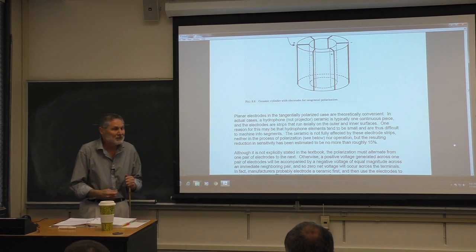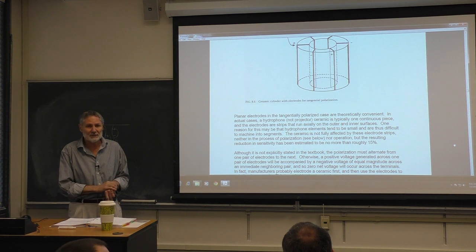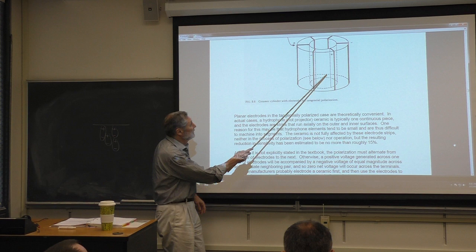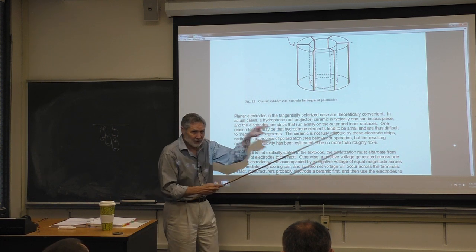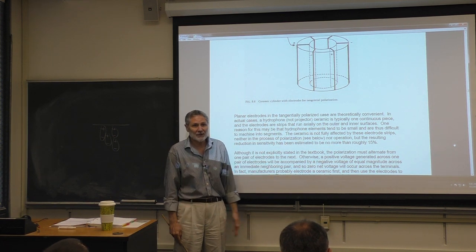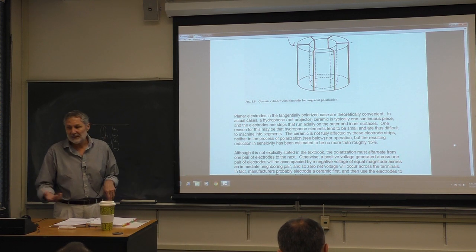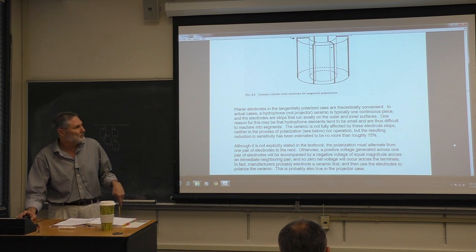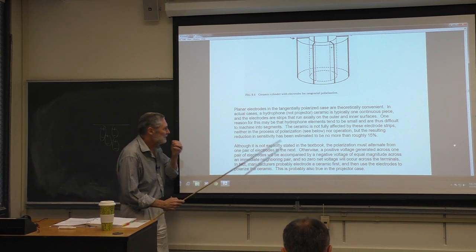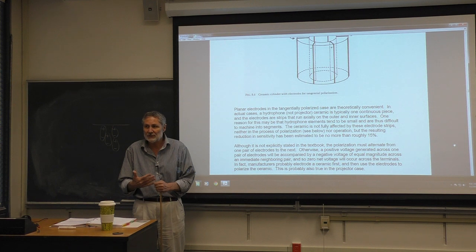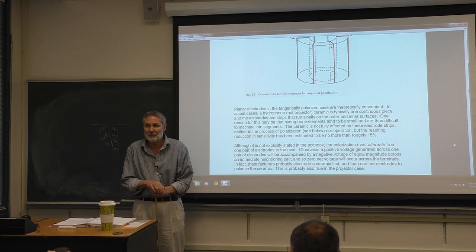Now, what happens when you then zap it and you polarize it? If I don't have a genuine segmentation here, I'm going to get the alternate polarization. Is it going to be as strong as the other case? No way. However, people have found that they can sacrifice that, and Brian mentions this number here. It's not going to be as sensitive because you're not going to have these strong polarizations as you would if it was genuinely segmented.